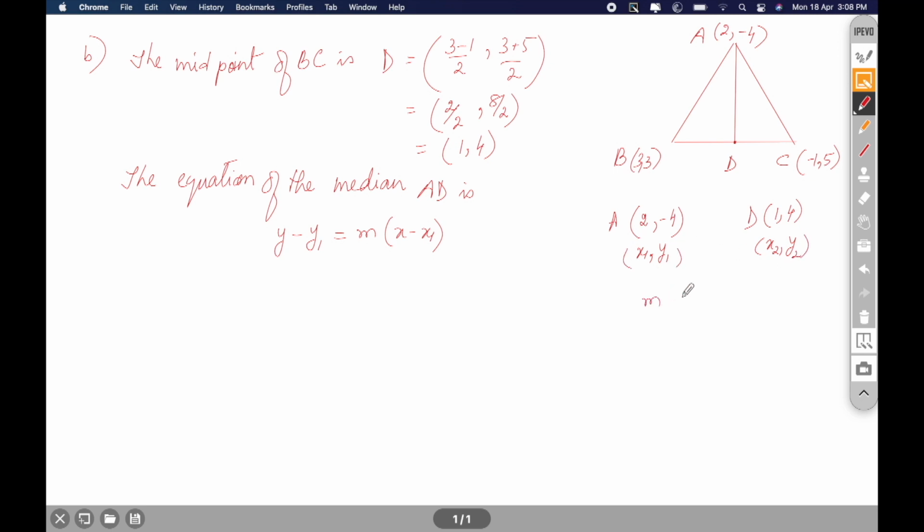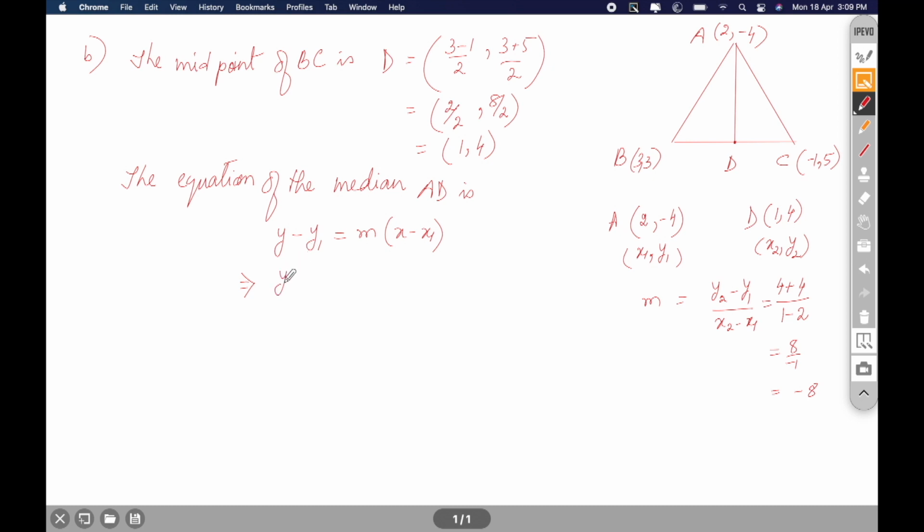So m is the slope, that is (y2 minus y1)/(x2 minus x1). If we substitute the values here, 4 plus 4, because minus minus becomes plus here, and 1 minus 2. So 8 by minus 1, that is minus 8 is the slope. So if we substitute each of these values x1, y1 and m and simplify, we will get the final answer.